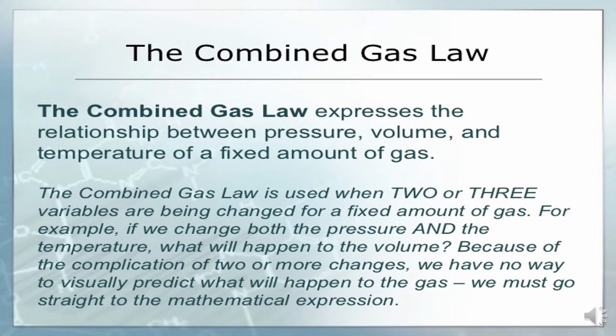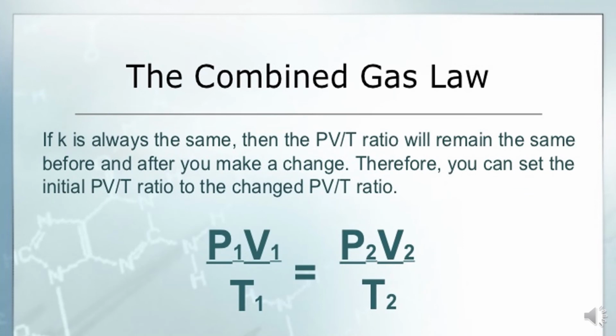Because of the complication of two or more changes, we have no way to visually predict what will happen to the gas. So we must go straight to the mathematical expression: P1 V1 over T1 is equal to P2 V2 over T2. Any one variable can be calculated by knowing the other variables.